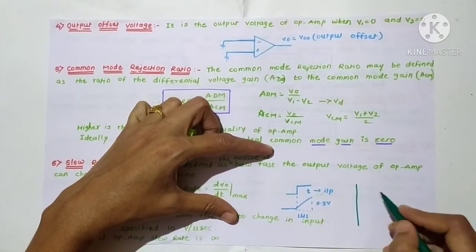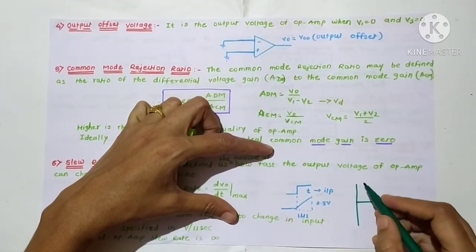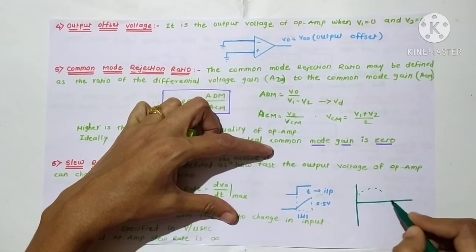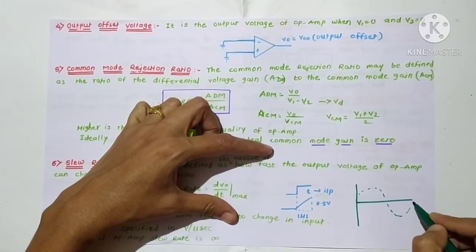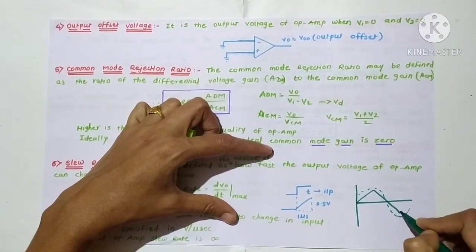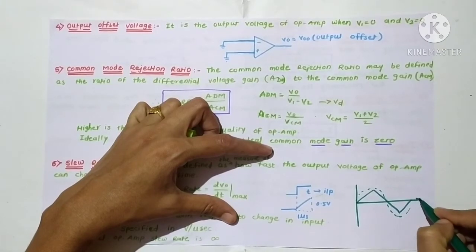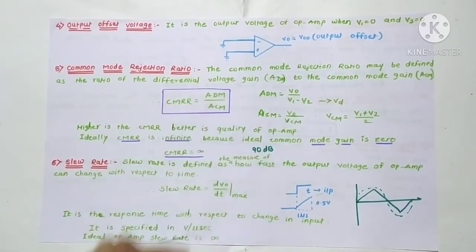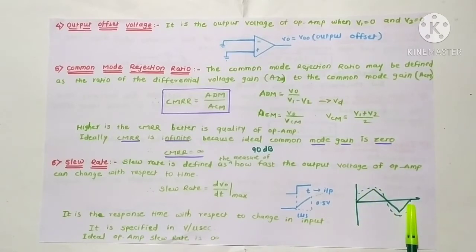Suppose this is the sine wave, and that sine wave turns into a triangular wave. In this way, this is a distortion. Okay students, you can see in this diagram that at higher frequencies the waveform becomes triangular.